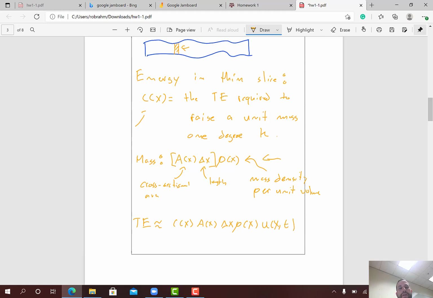Because the total thermal energy there should be equal to the amount of energy needed to raise that part to its current temperature.